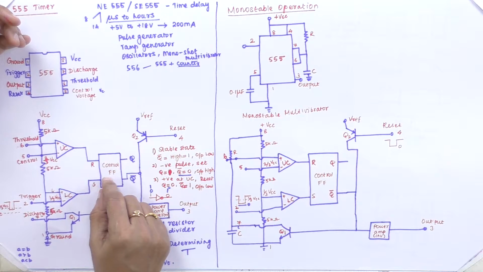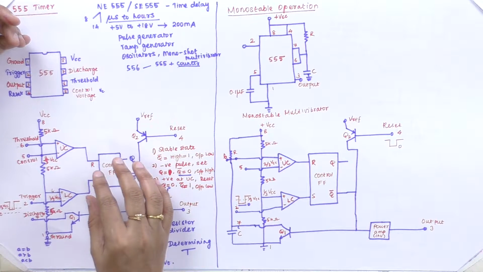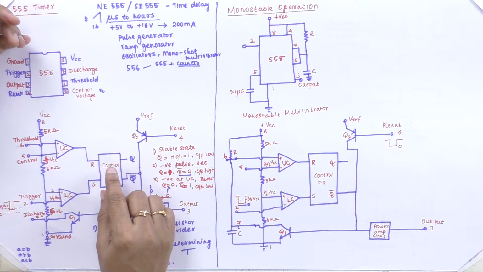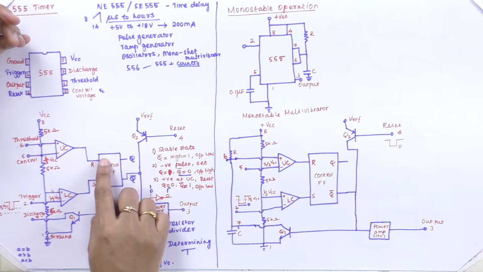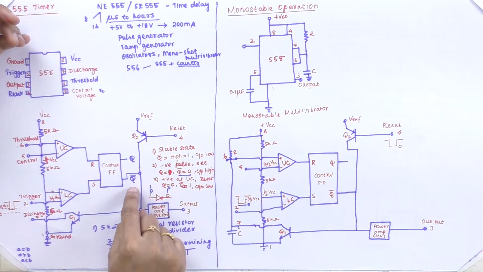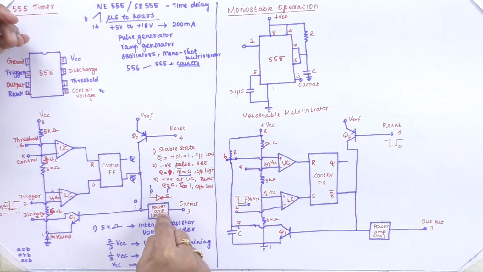In the steady state, that means the standby state, which is a stable condition, we have Q bar output as 1 and Q as 0. Q bar as 1 is applied to the power amplifier, which is nothing but an inverter. If I give an input of 1, we get an output of 0.